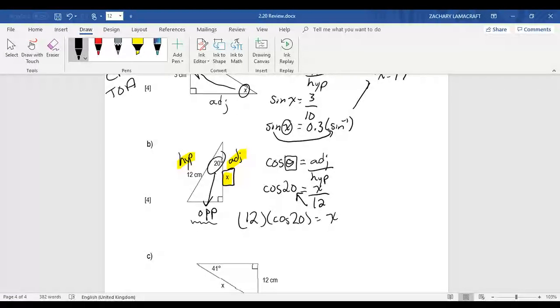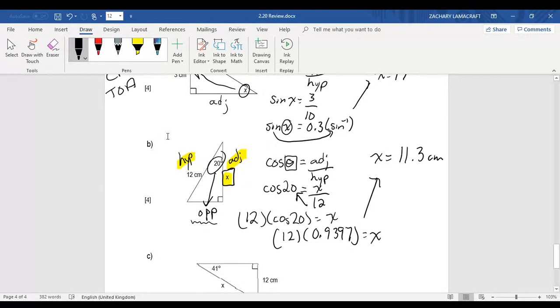If I did cos 20 on my calculator, with 4 decimal places, remember, 0.9397, I would get 12 times 0.9397 equals x, which is 11.27, or in this case 11.3, because we round to 1 decimal place, like the 10 centimeters.